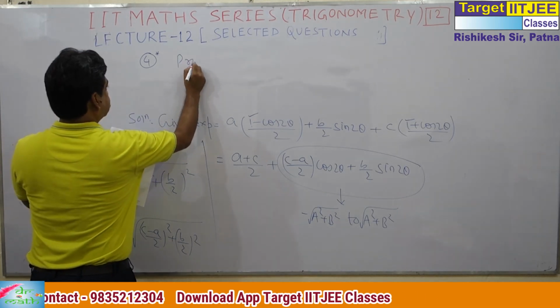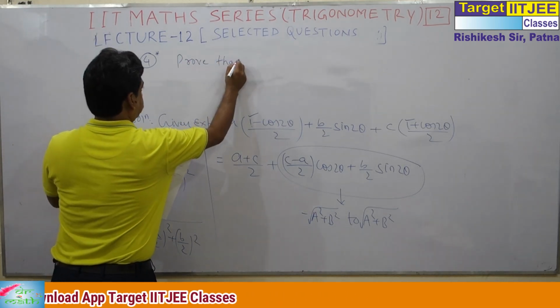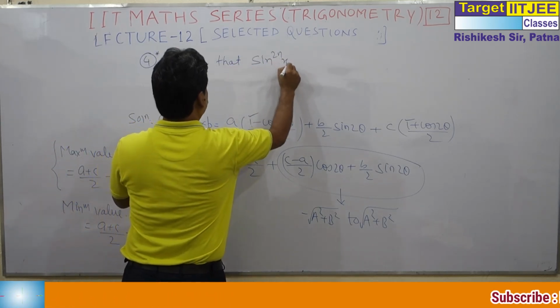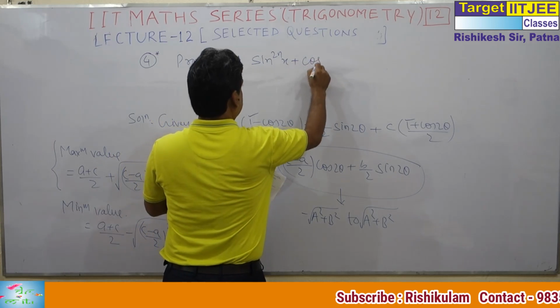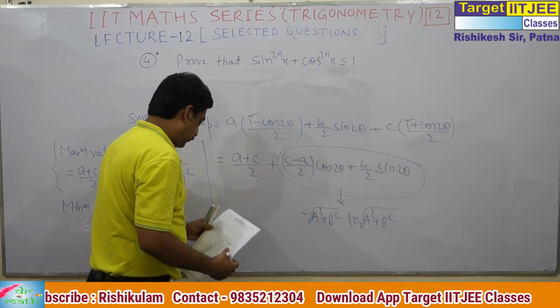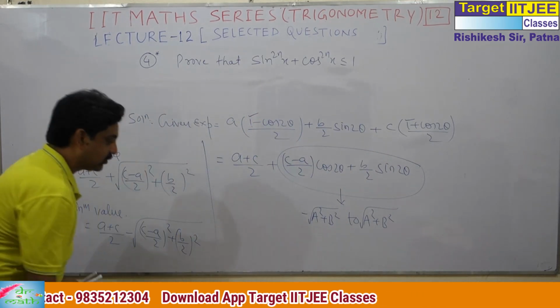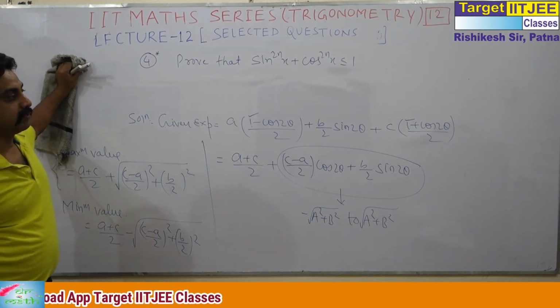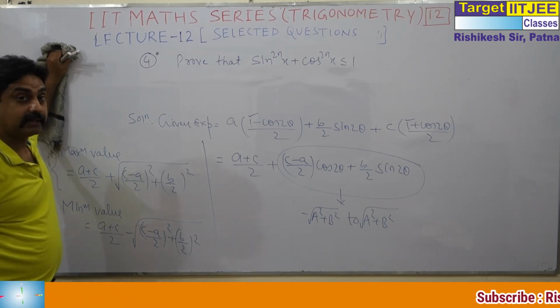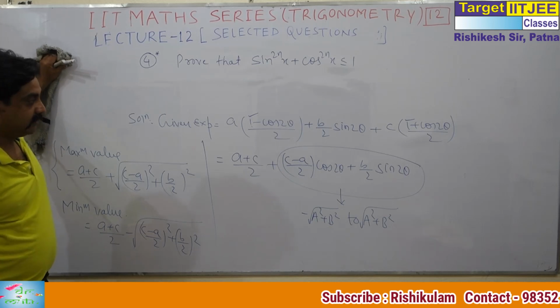Prove that sin to the power 2n x plus cos to the power 2n x is less than or equal to 1. Very fine, fantastic concept. All of these are easy: 1, 2, 3 that I have done are not so difficult.